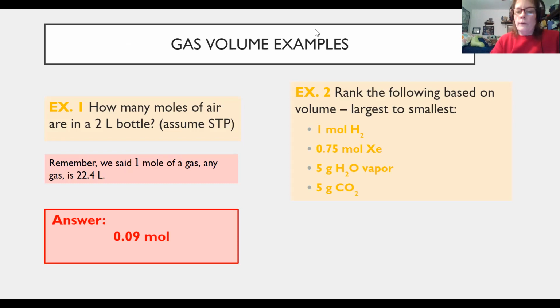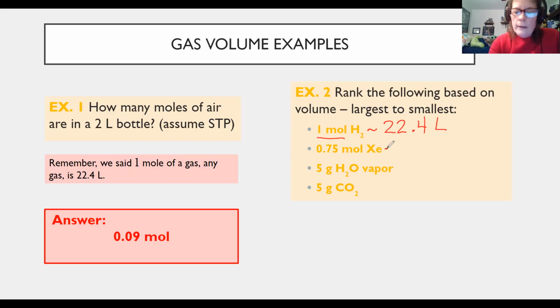All right, so we have 1 mole of hydrogen gas. Remember, when you're looking at gases, 1 mole, what do we say was equal to 22.4 liters. So we know that one right off the bat, 1 mole. All right, for xenon, it says you only have 0.75 moles.